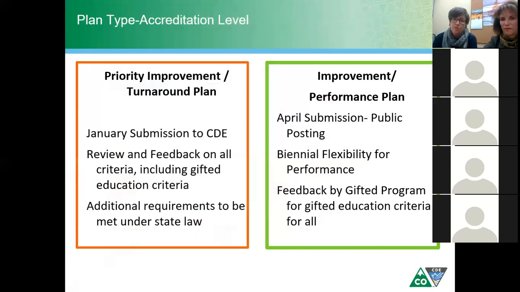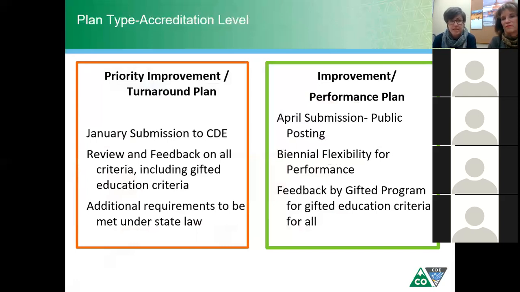For those that are on improvement or performance, we really are looking at an April submission that is focused more towards public posting. As Jacqueline referenced, there is biennial flexibility for that performance. And the feedback based on the review is going to be more oriented toward the gifted education program. It's not going to be a holistic review of all expectations of the UIP.